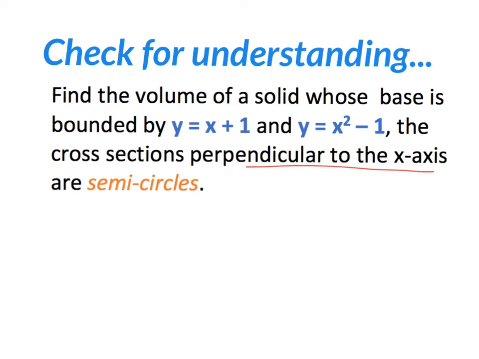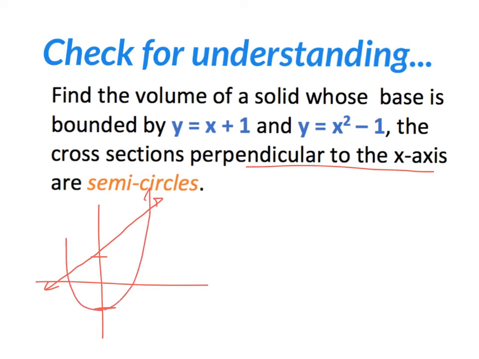So to get an idea what this looks like, we have y equals x plus 1, so that's just a linear function, positive 1 y-intercept. And then x squared minus 1 ends up being a parabola. And so this is the region that we're referring to. So the first step would be finding the bounds.